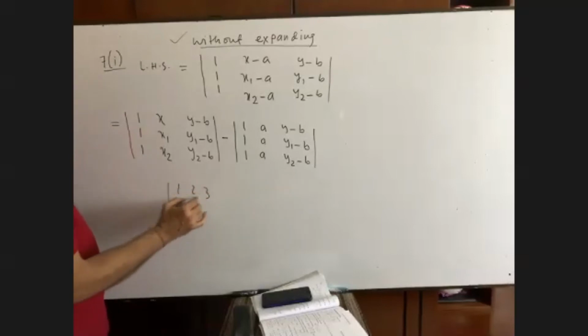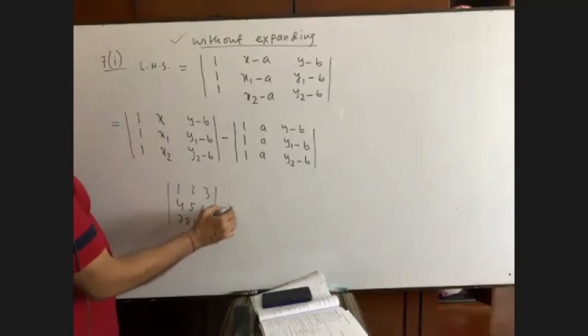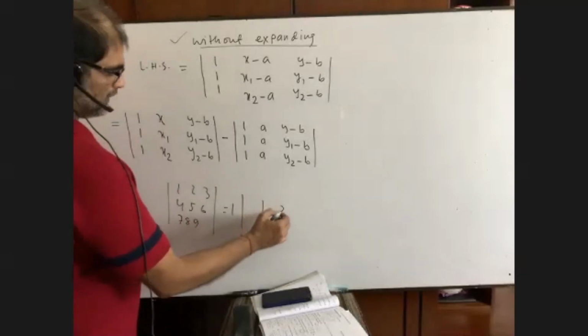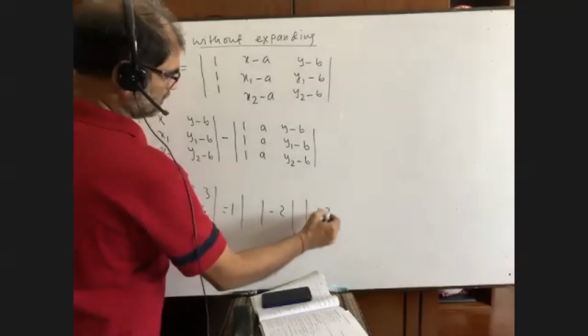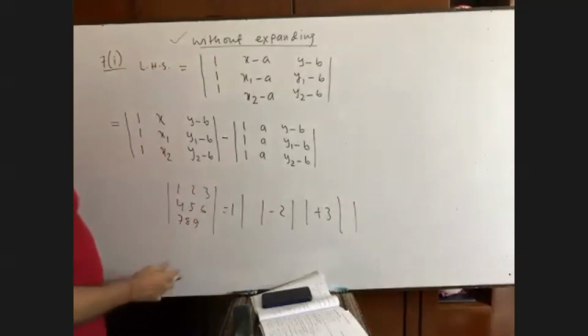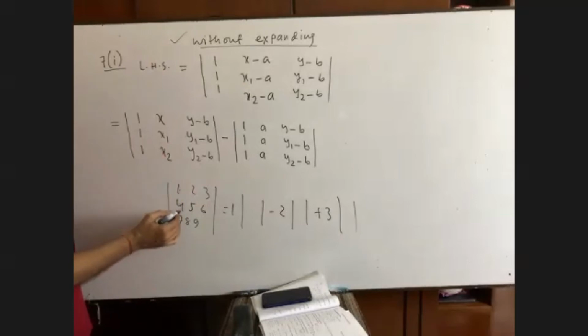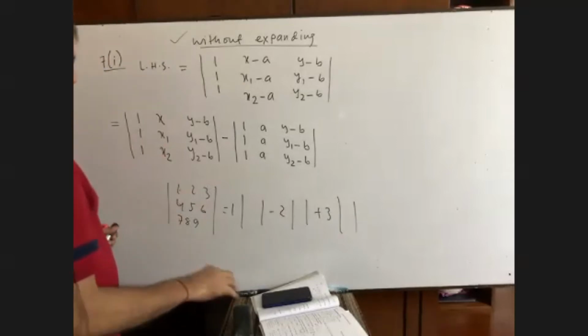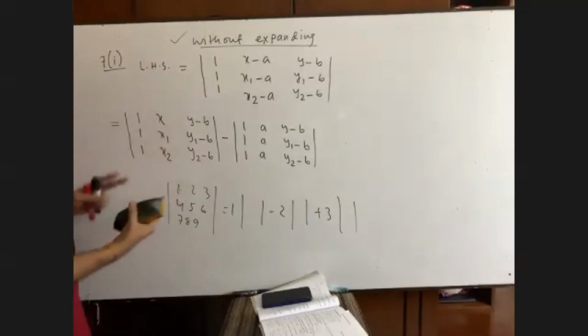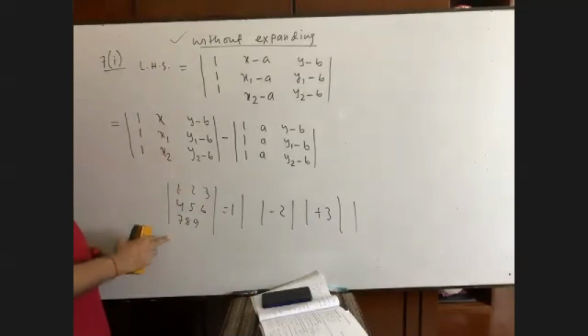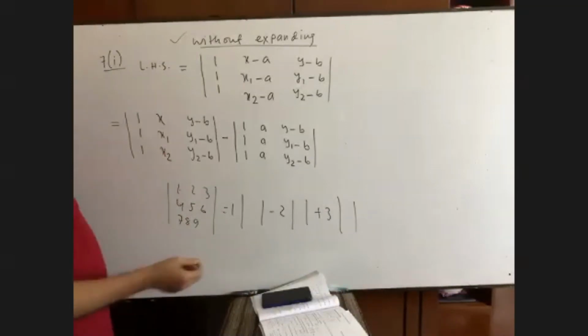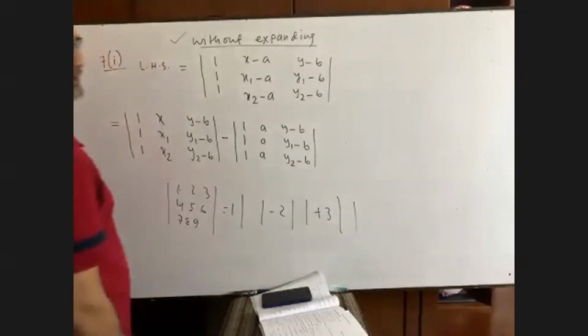You please listen to me. 1, 2, 3, suppose 4, 5, 6, 7, 8, 9, we can write 1 into this, minus 2 into this, plus 3 into this, right? It has the same meaning as subtracting, this minus this minus this, same thing. Okay? If you do the math by subtracting, the result you will get, if any student does it like this, the same result will be given.